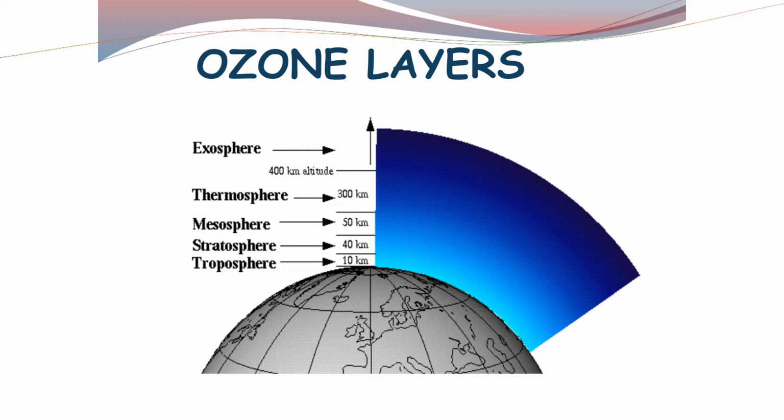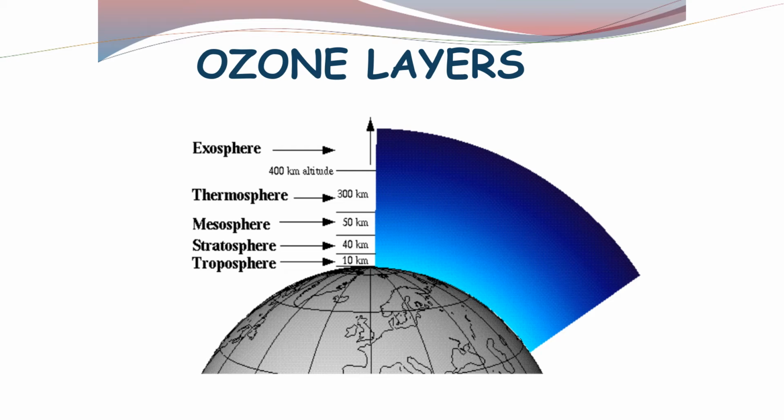Both types of ozone depletion were observed to increase as emissions of halocarbons increased. Students, ozone depletion and the ozone hole have generated worldwide concern over increased cancer risks and other negative effects.